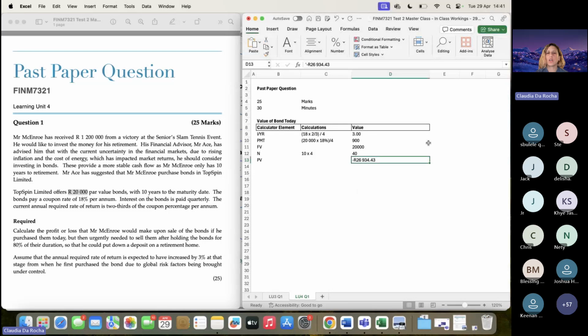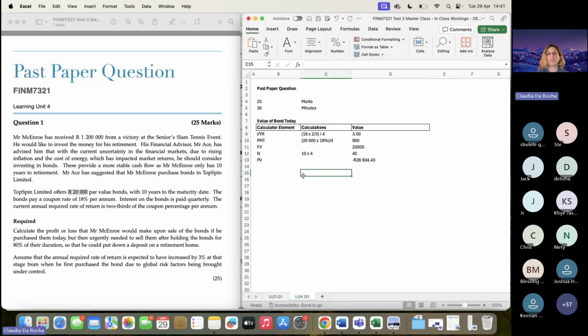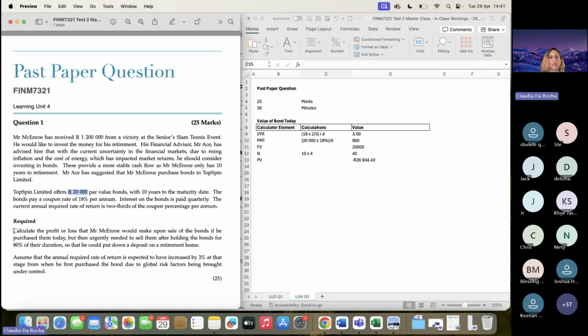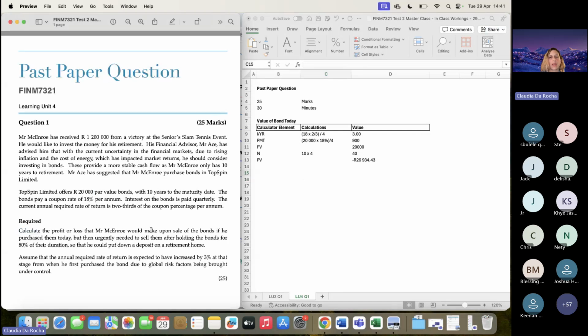Okay. All right. The value of the bond today. Now what we've got to work out is how many bonds Mr. McEnroe purchased. The reason is because they want us to calculate the profit or loss that Mr. McEnroe would make upon sale of the bonds.